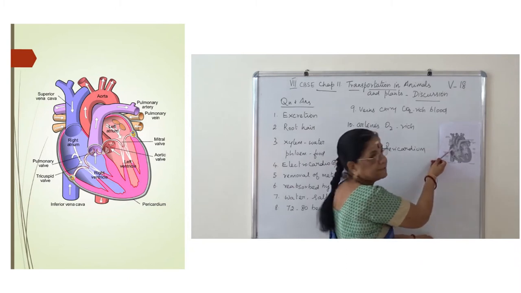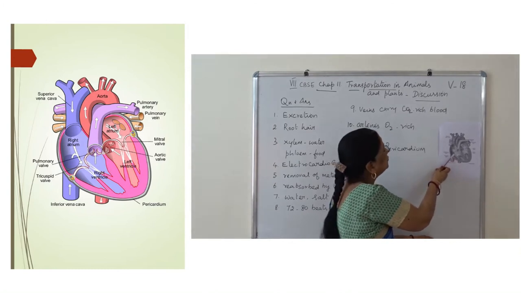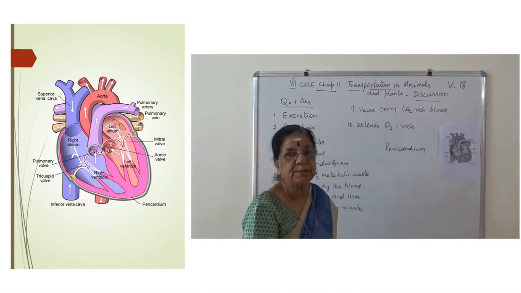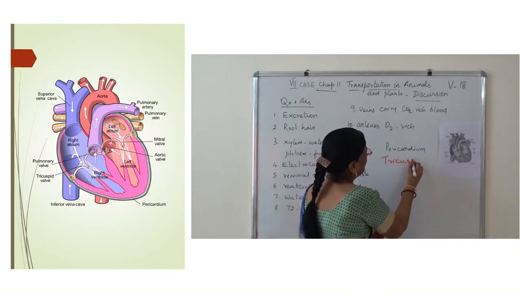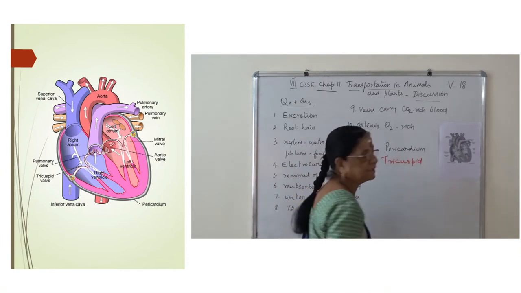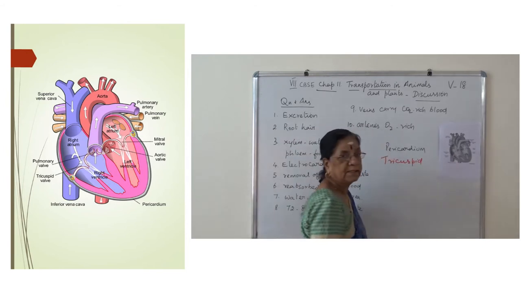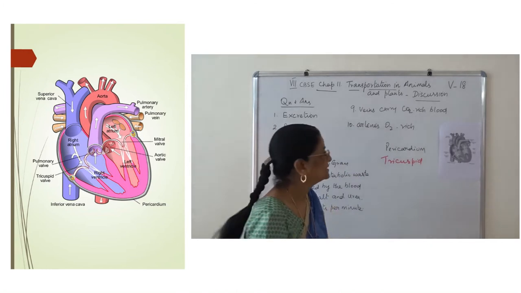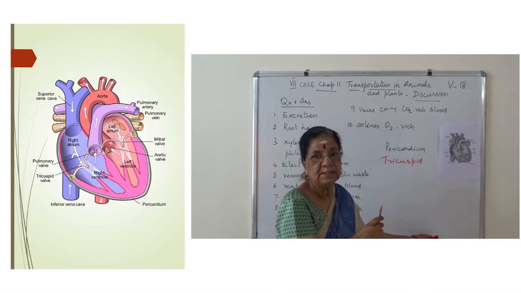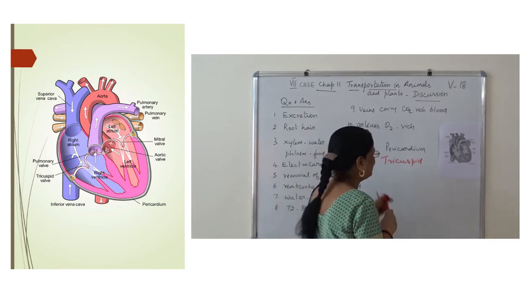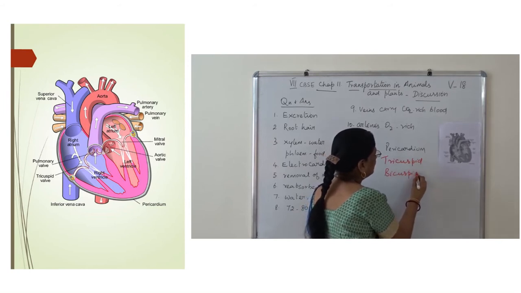Now, the right atrium opens into the right ventricle through the tricuspid valve. In the same way, the left atrium opens into the left ventricle through the bicuspid valve.